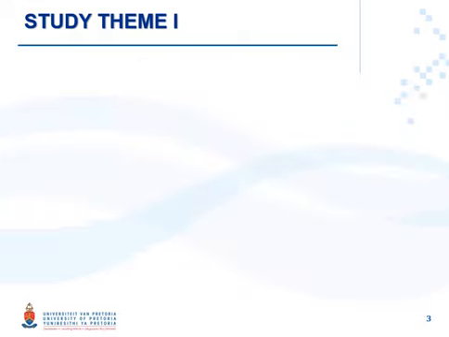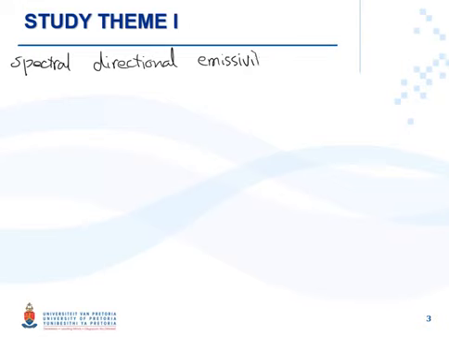So to sort all those problems out and to address them, we are going to define 4 different concepts for emissivity. So first, we speak about spectral directional emissivity. Okay?